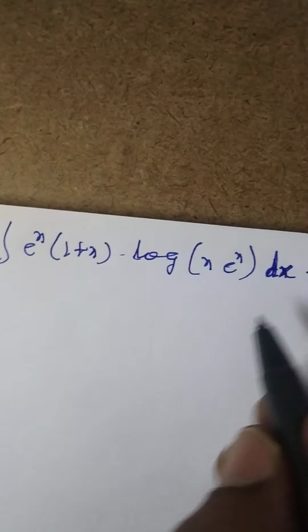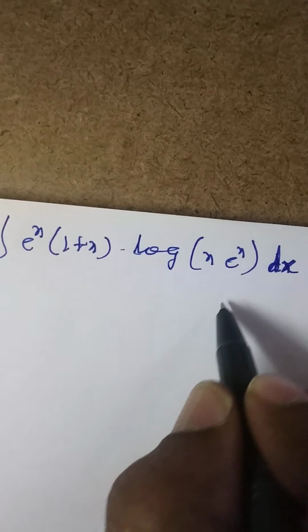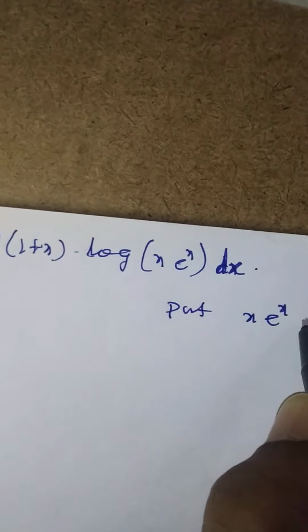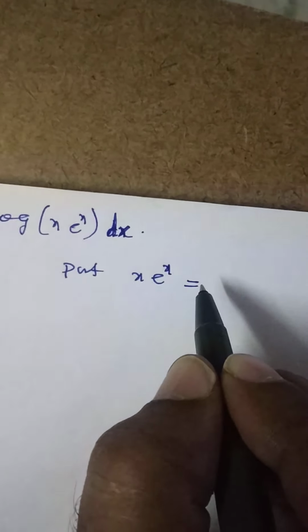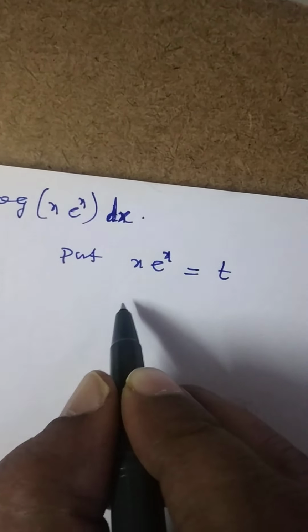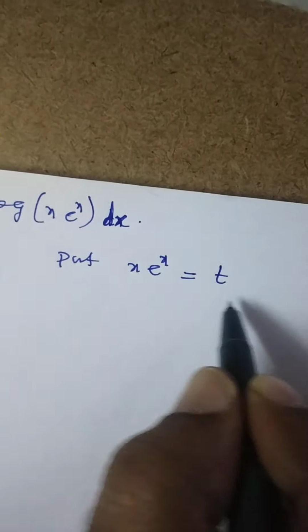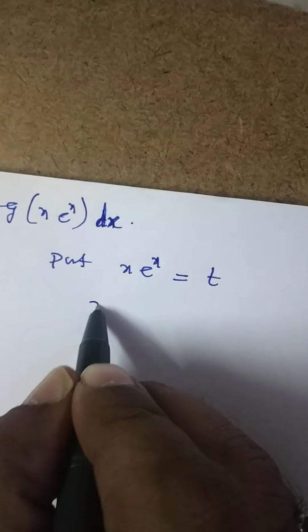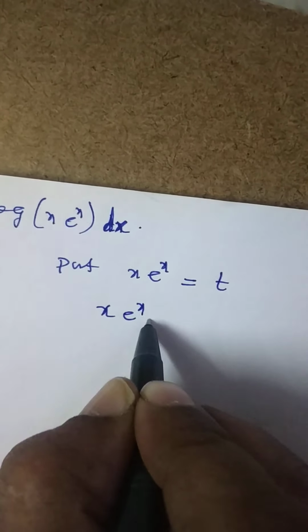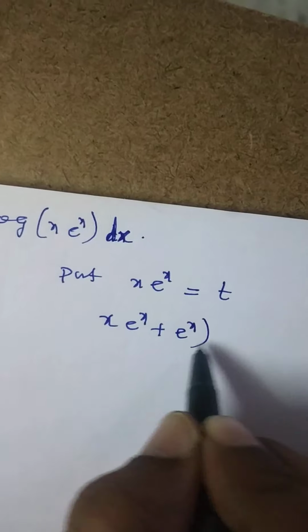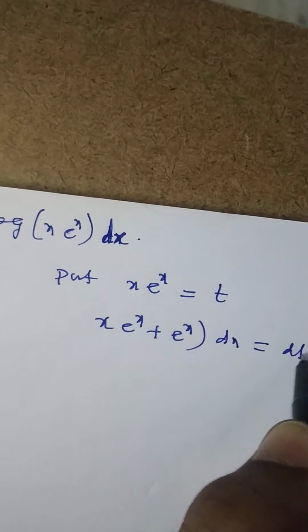You may be getting confused, but simply put x into e power x equal to t. Then observe: differentiating with respect to x on both sides, x into e power x plus e power x into the derivative of x, which is 1, dx is equal to dt.